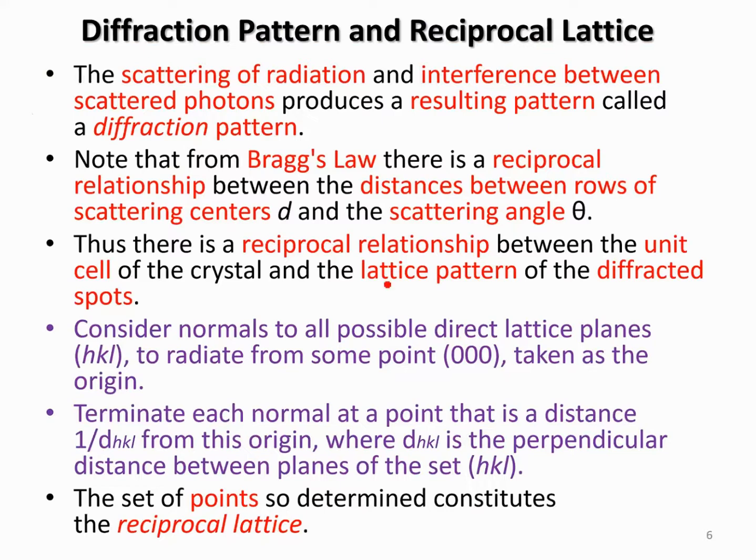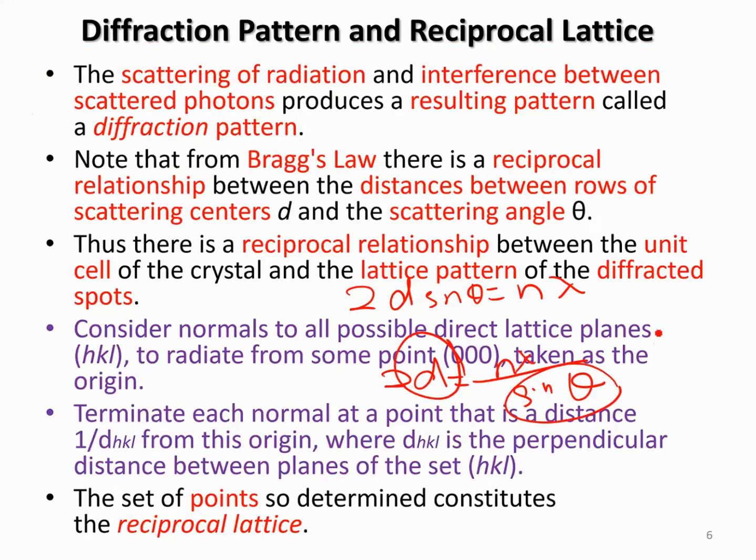Why? 2d sine theta equal to n lambda, so 2d equal to n lambda over sine theta. So d and sine theta have a reciprocal relationship. d is proportional to 1 over sine theta.